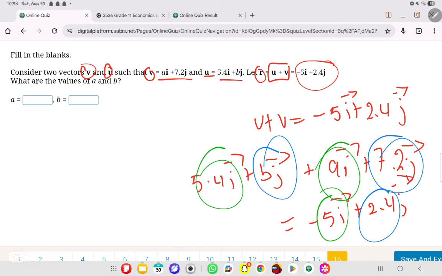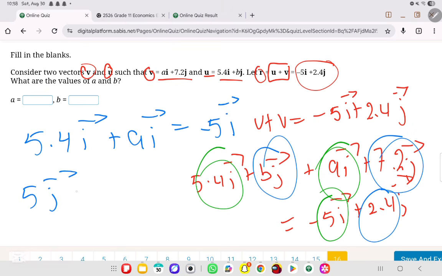So it's going to be 5.4i plus ai is equal to minus 5i. And then the j, which is bj, sorry, this is b, not 5. I cannot even read my own handwriting. bj plus 7.2j is going to give us 2.4j, right? So let's solve. After solving, you'll move this to the other side.